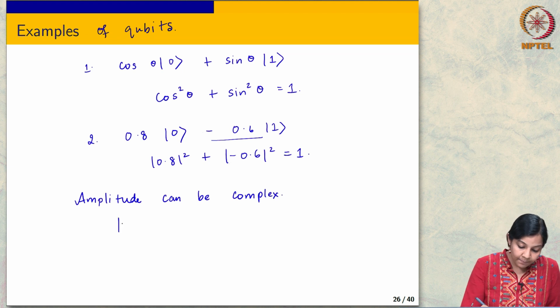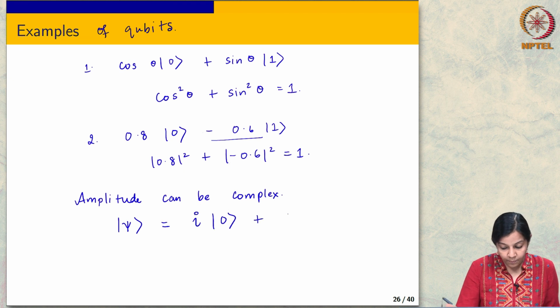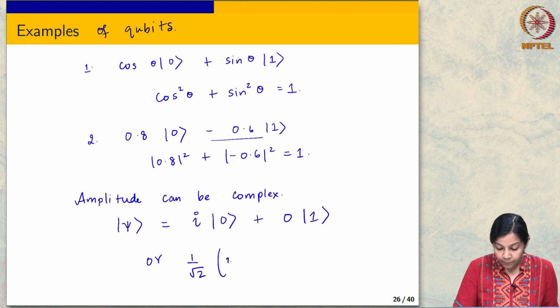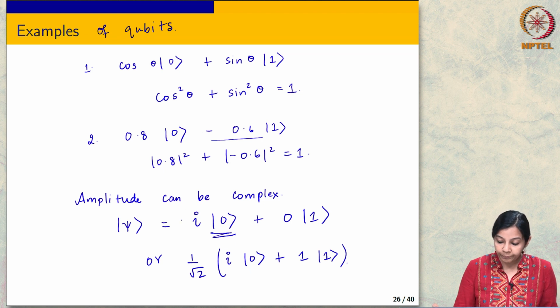Okay, so an example is psi equals i|0> plus 0|1>, or maybe 1 over root 2 i|0> plus 1 over root 2 |1>, right. So in the first case, when you measure, you will always find the qubit in state 0, because all the amplitude is over there.